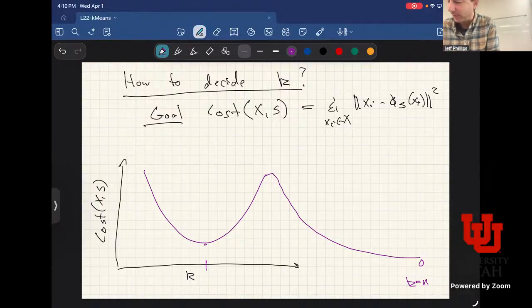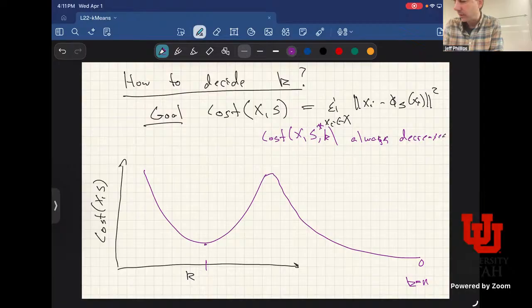So the cost S star always decreases as k increases. So this plot is wrong.